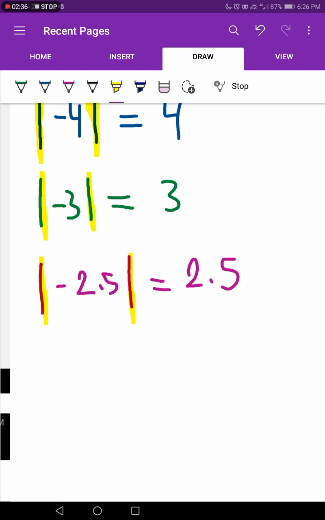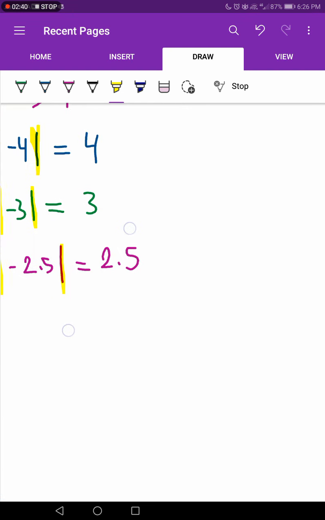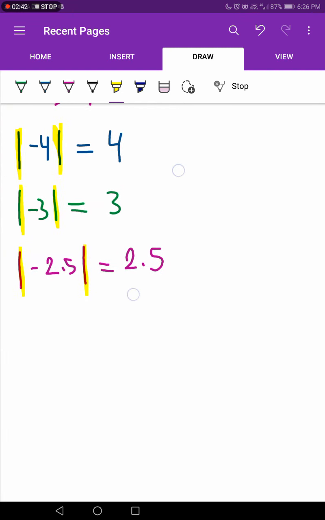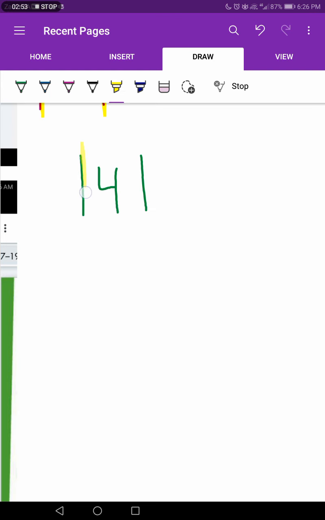Okay, now what about if I have the absolute value of 4? It is equal to 4.